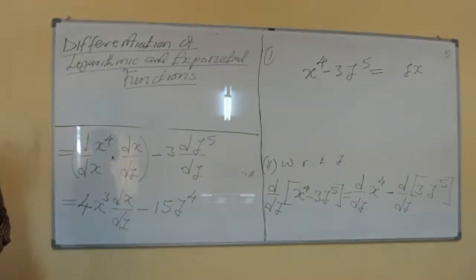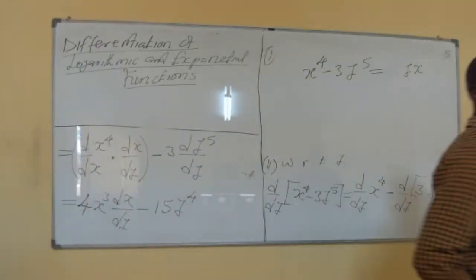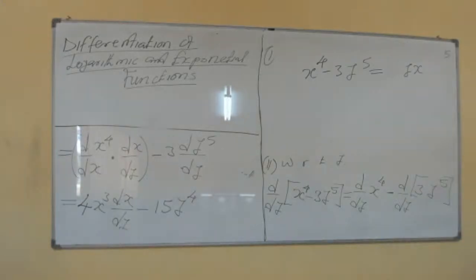It was supposed to be 4x power 3, not the one I wrote at first. So please make sure that you change it to 4x. Okay, maybe I can continue from here now.